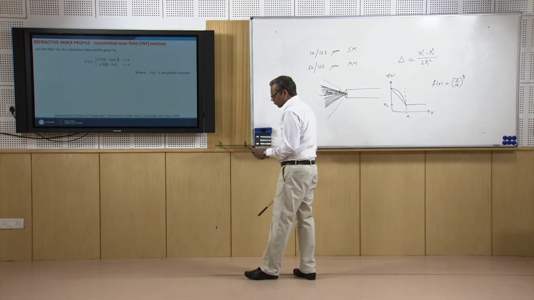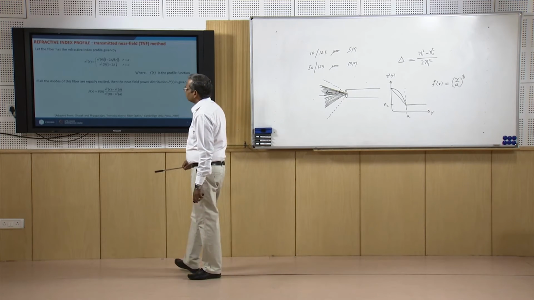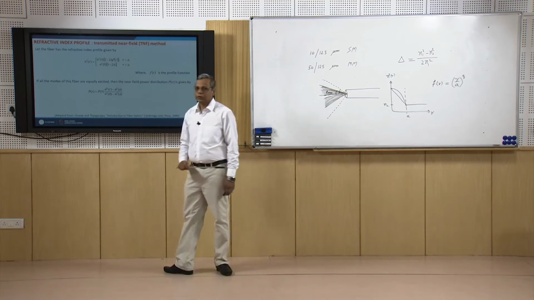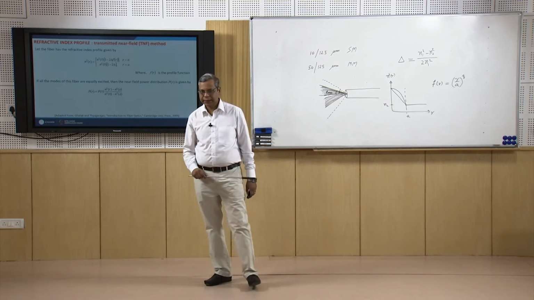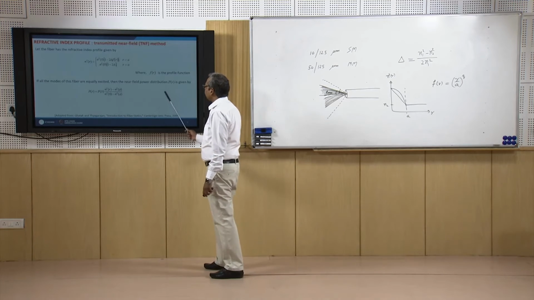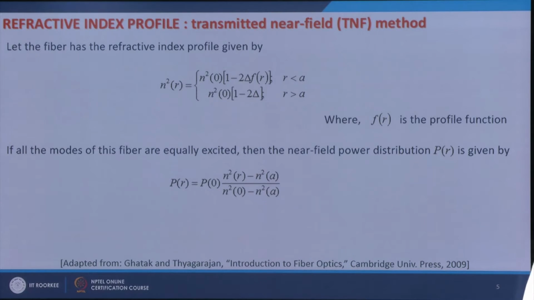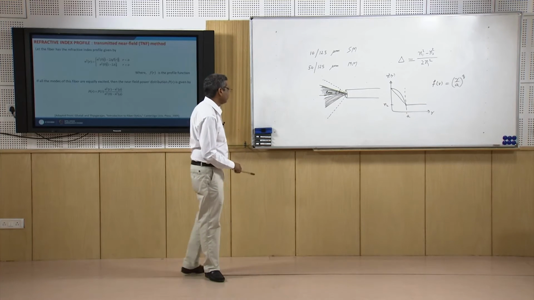So, f(r) is the profile function, and then it can be shown that if all the modes of the fiber are excited equally, then the near field power distribution P(r) can be given by this. What do I mean by near field distribution?